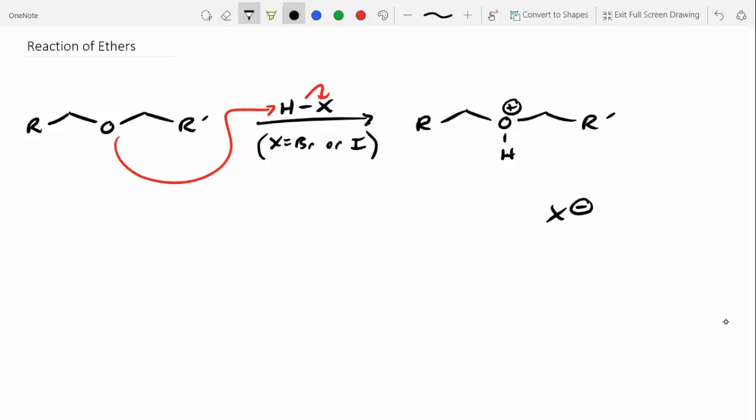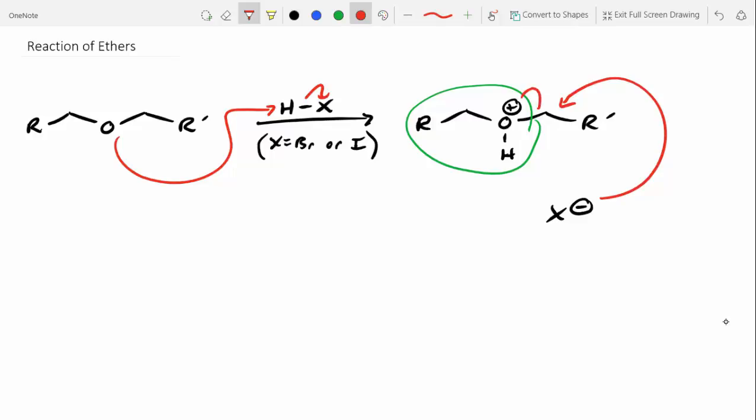These are relatively weak nucleophiles. So what do you think could maybe happen? I'll give you a hint. We've got a super duper good leaving group on this side. X minus can attack the carbon and do an SN2 attack, right?